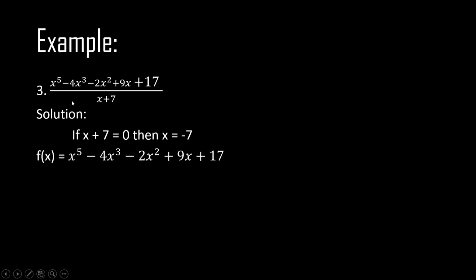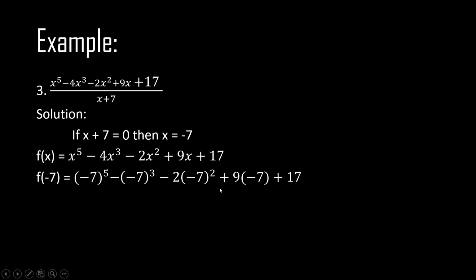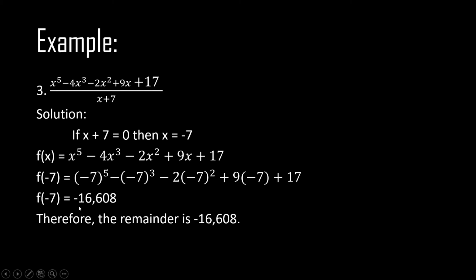So substituting this value into our dividend, we have this equation. You must be careful with the sign because it varies, especially when we have exponents. So our answer is negative 16,608. That is our remainder.